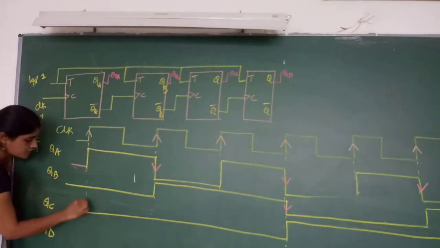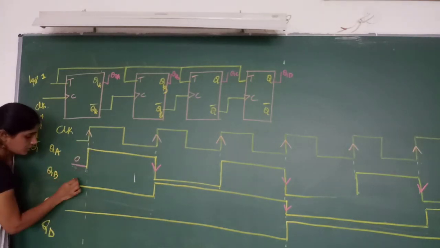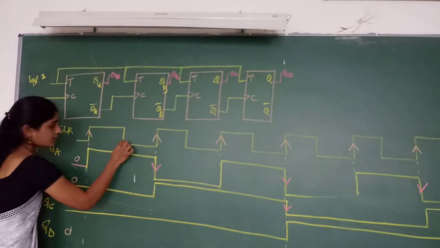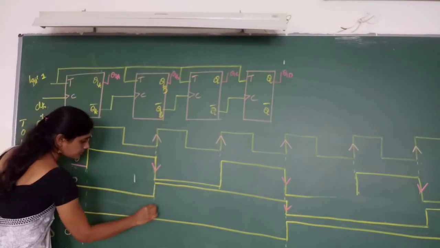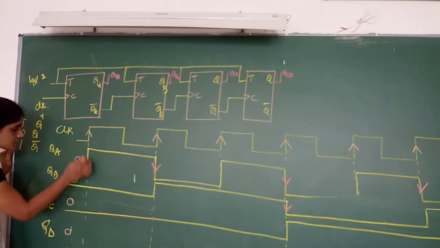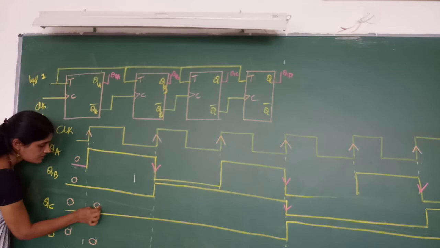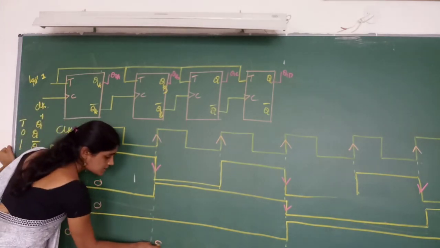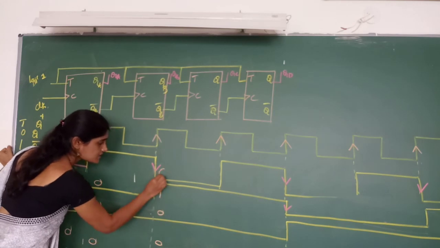So just have a look at it. At this positive edge, what is QA? 0. QB 0. QC 0. QD 0. Okay, sorry. Initially it was 0, 0, 0, 0. At this positive edge, I have 0, 0, 0, 1. At this positive edge, 0, 0, 1, 0.